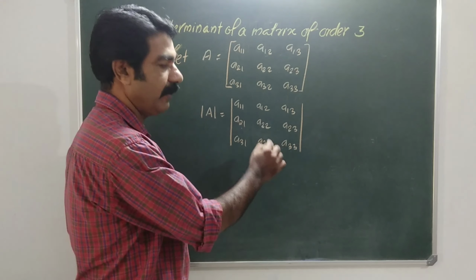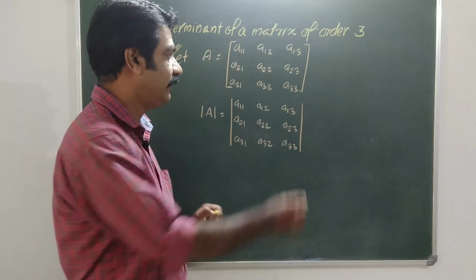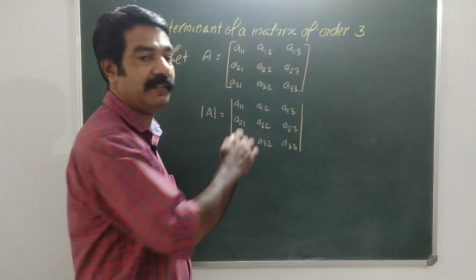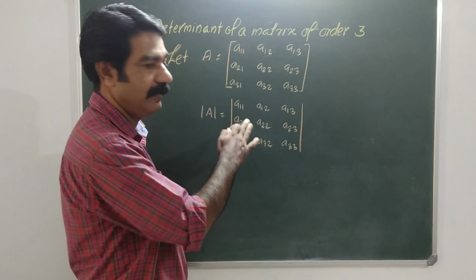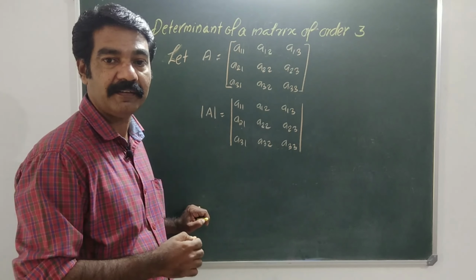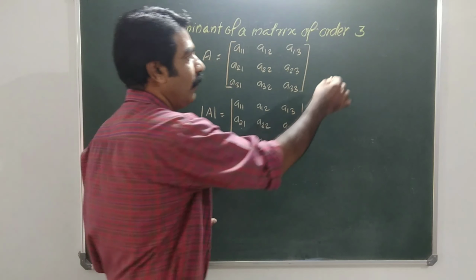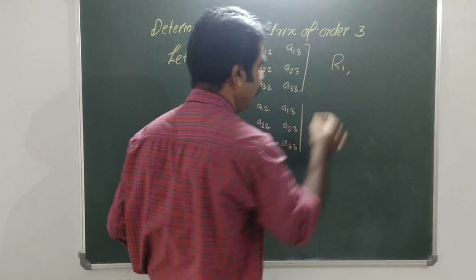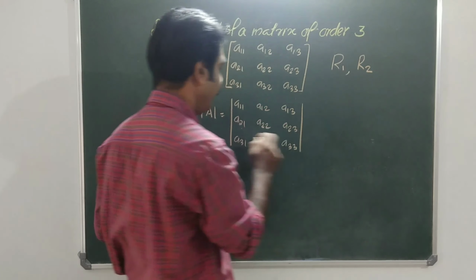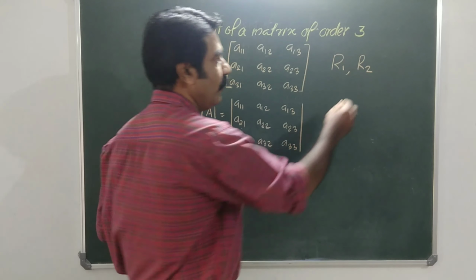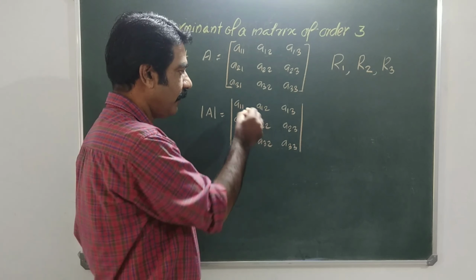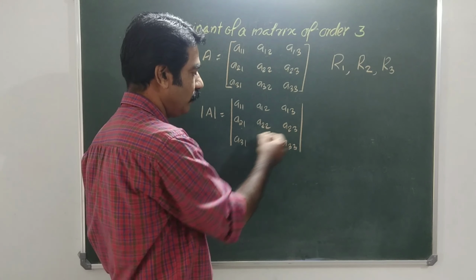Now, how can we expand this determinant? Since this is a 3 by 3 matrix, there are 6 ways we can expand it. A determinant of a matrix of order 3 can be expanded in 6 different ways. We can expand along the first row, R1, or along the second row, R2, or along the third row, R3.